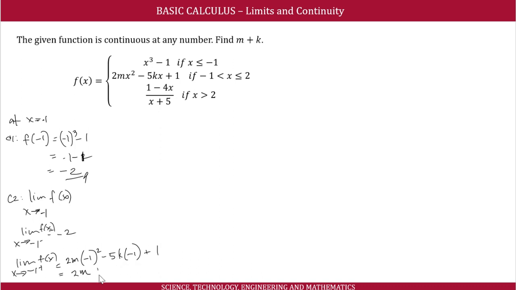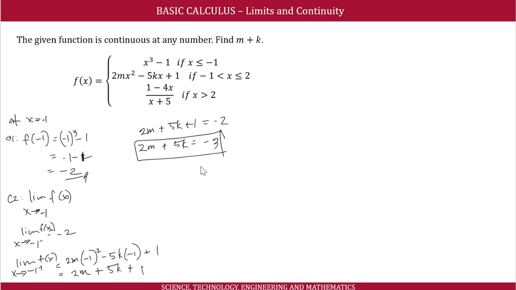Negative 5k times negative 1 is 5k, plus 1. The left and right should be equal. This means that we have an equation 2m plus 5k plus 1 equals negative 2, or 2m plus 5k equals negative 2, transpose 1 to the right, negative 2 minus 1, negative 3. So this is our first equation that we are going to use to find the values of m and k.